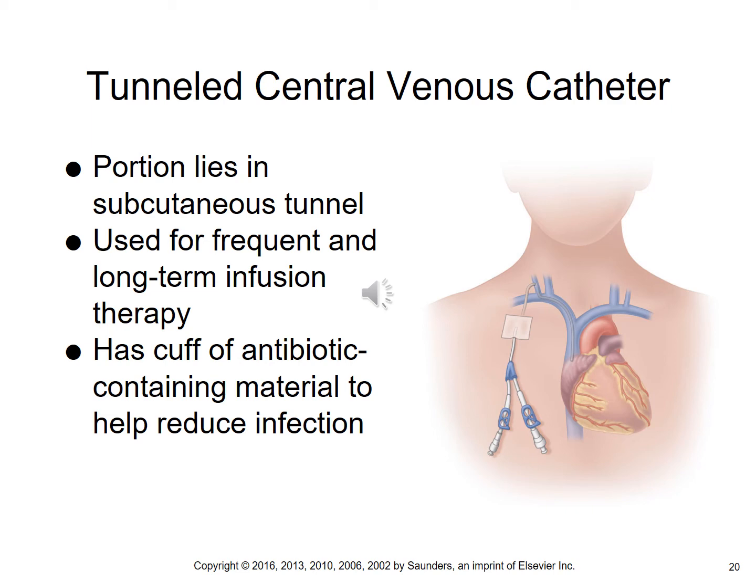That was my concern. But these catheters are actually covered with antibiotics, so that's always a great thing. You can have single, dual, or triple lumens. These catheters are oftentimes called the Hickman, the Leonard, and the Broviac catheters. So you may see those being utilized.